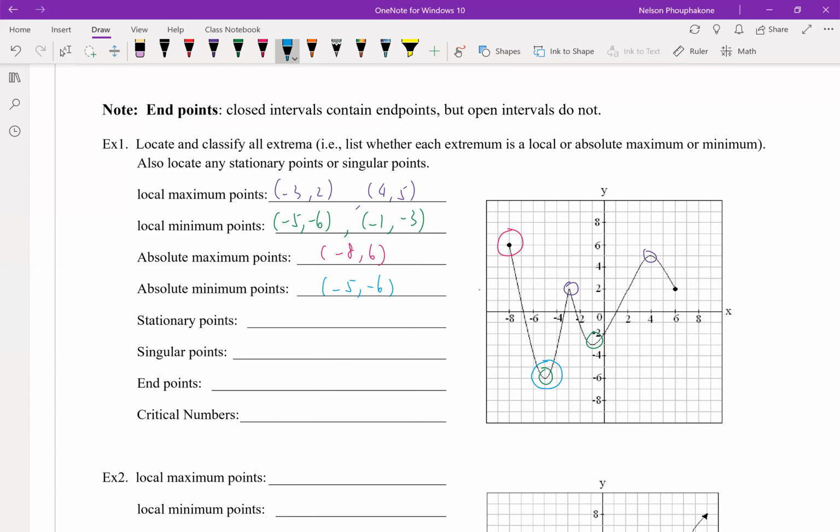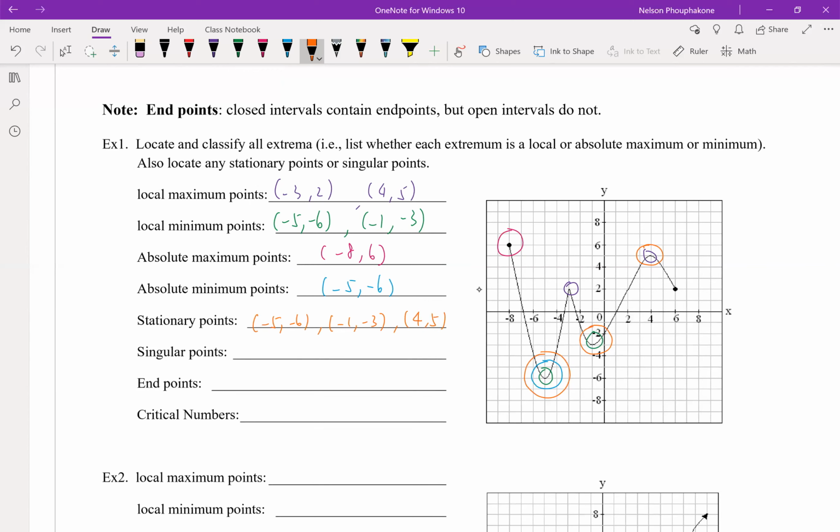And then now let us look at the stationary points, where the derivative is equal to 0. I have this one, this one, and this one. So the stationary points will be (-5, -6), (-1, -3), and (4, 5).